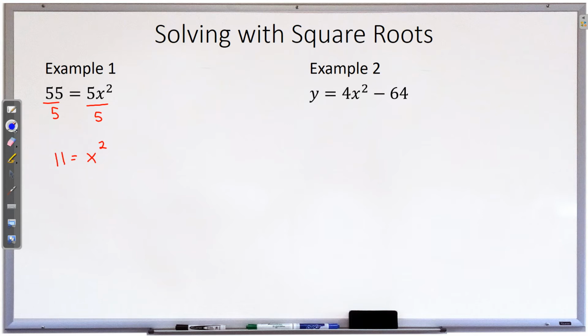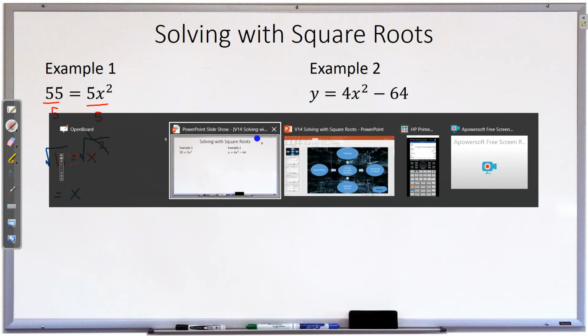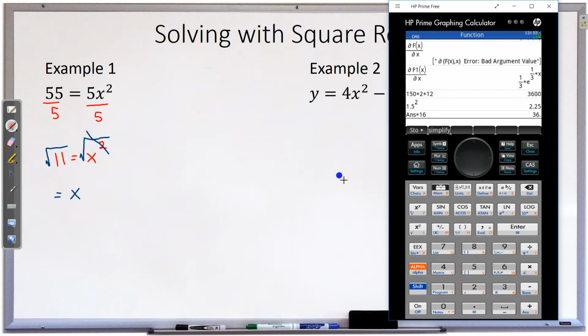And then we need to get the x by itself, so we have to get rid of the squared, and the opposite of a square is a square root. So we square root both sides. That goes away, and you are left with x is equal to the square root of 11. You can just leave it as the square root of 11, or if you actually want a number, let's get a number.